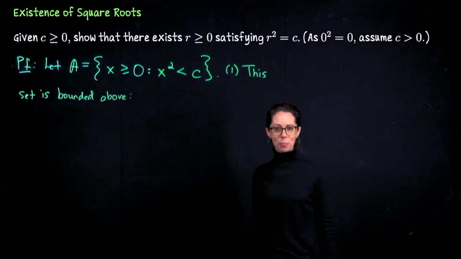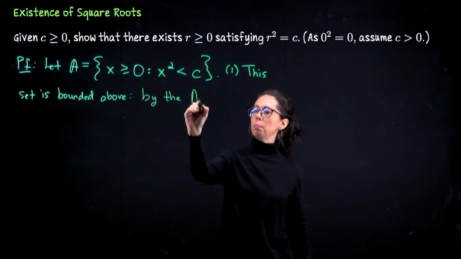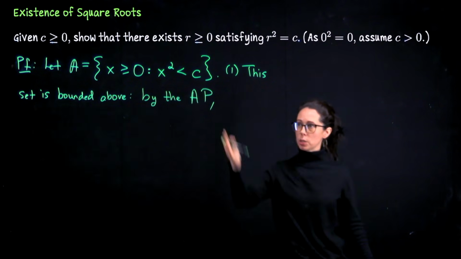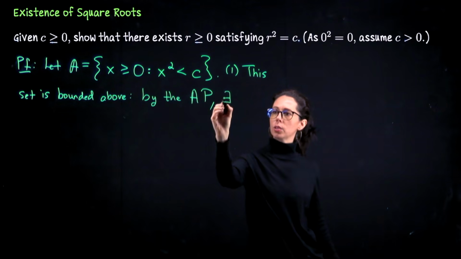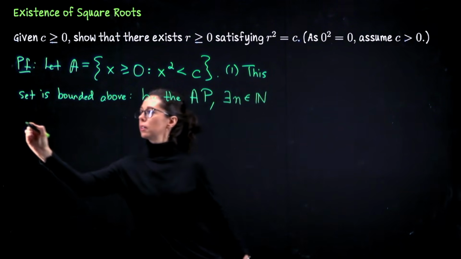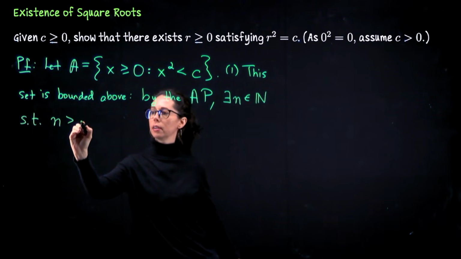We can use the Archimedean principle. By the AP, there exists a natural number n which is bigger than c. So I'll write there exists a natural number n such that n is greater than c.